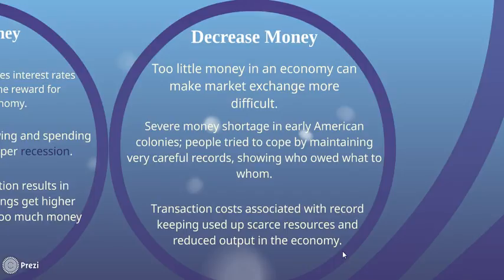If you go back to early America, during colonial times, people tried to cope with money shortages by maintaining careful records, showing who owed what to whom. Just think about IOUs and how difficult that must have been to maintain. Transaction costs associated with record keeping used up scarce resources, which is probably the human resources, and reduced output in the economy.